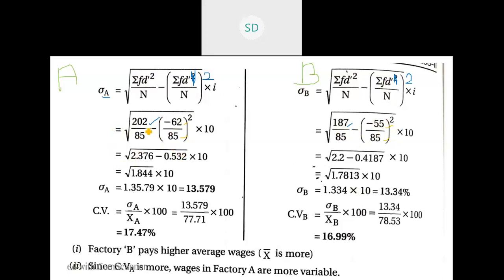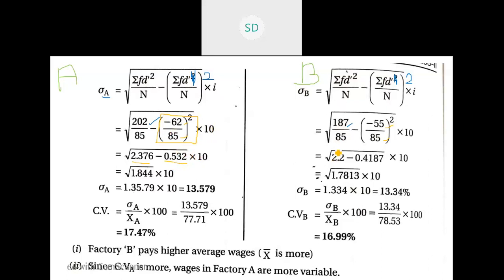202 by 85 will give a value of 2.378, minus this whole expression of minus 62 by 85, whole square, which gives 0.532, into the common value 10.